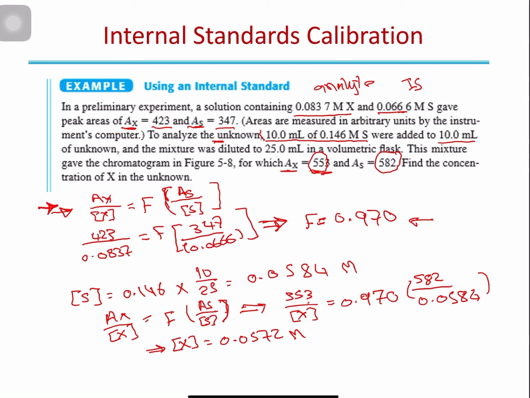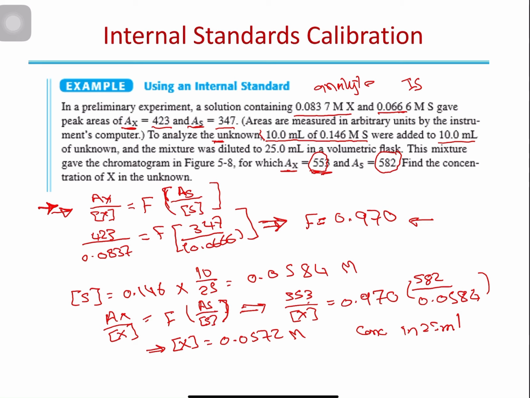So when I ask you what was the concentration of the unknown, I mean the concentration of the unknown in the original solution, the 10 ml, not the 25 ml. This is the concentration in the 25 ml, or in the diluted solution. So this is the final concentration, and I need the initial concentration.